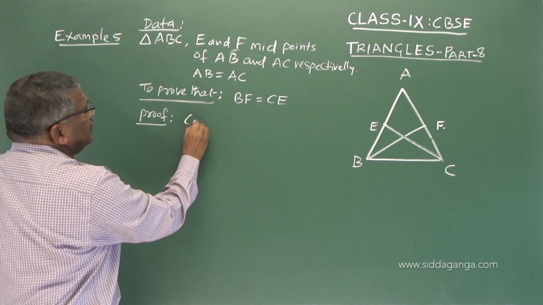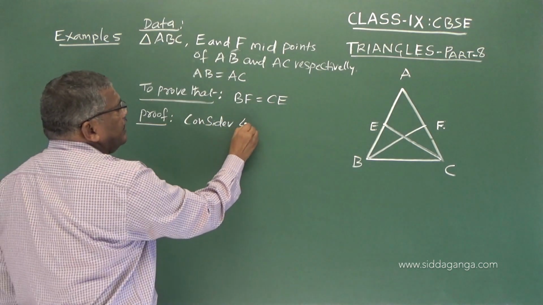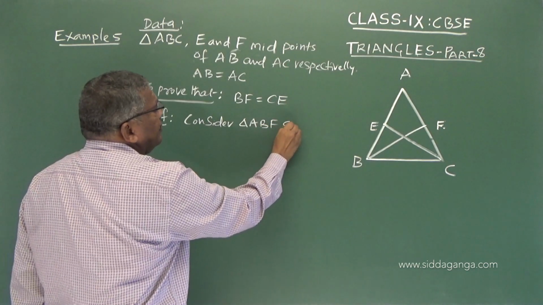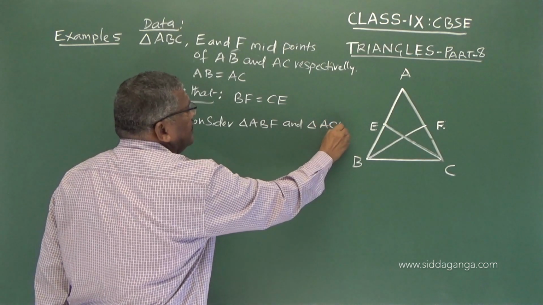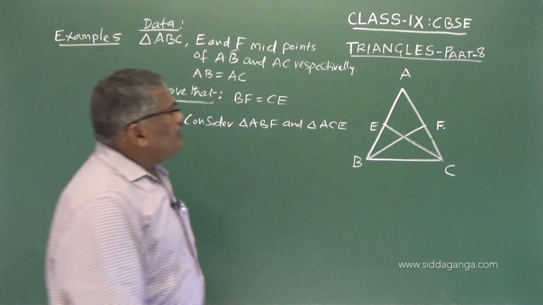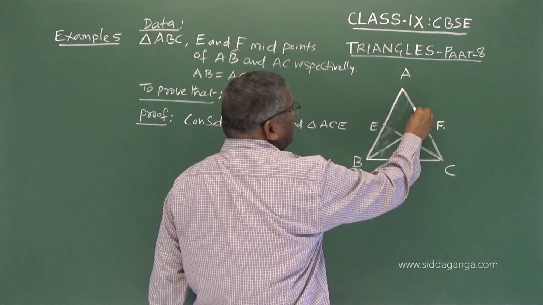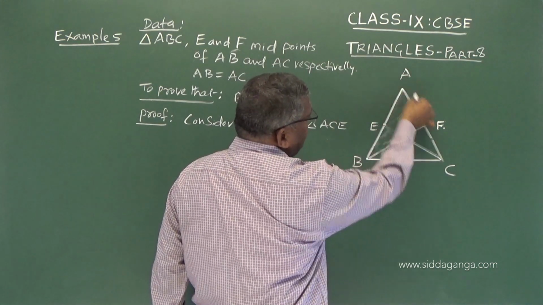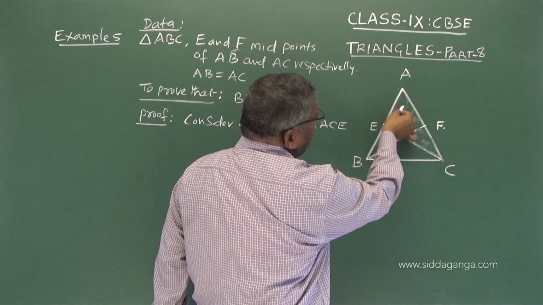Consider triangle ABF and triangle ACE. This is triangle ABF, and ACE is this triangle.